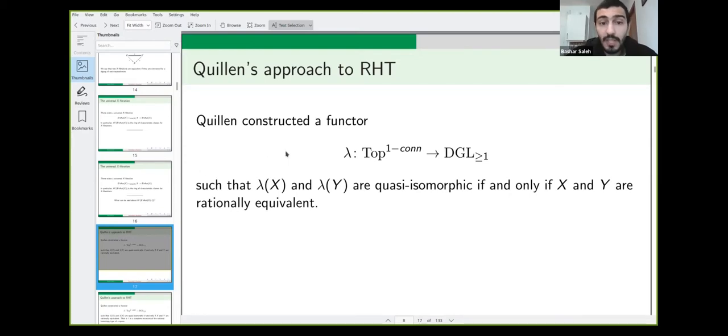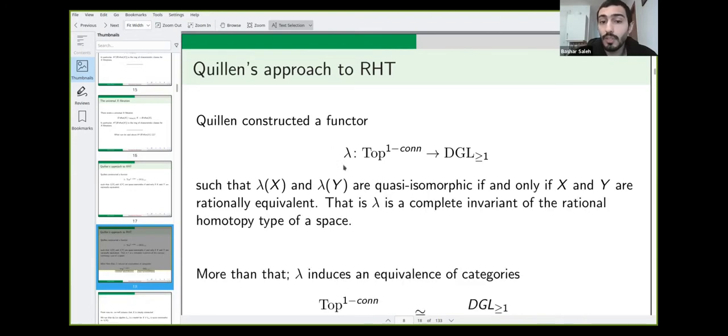We have that lambda X and lambda Y are quasi-isomorphic as DG Lie algebras if and only if X and Y are rationally equivalent. But more than that, it induces an equivalence of categories. When we take the category of one-connected topological spaces and localize it with respect to rational equivalences, this becomes isomorphic to the category of positively graded DG Lie algebras localized at quasi-isomorphisms.